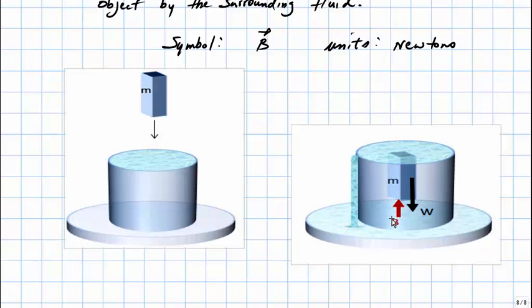The buoyant force takes into account the surface pressure, the pressure at a depth, and in essence it rolls all of those considerations into one force called the buoyant force, which we represent as B. Now notice that when we drop this object into the fluid, a lot of fluid has overflowed, and we captured this overflowing fluid in this pan. This is significant, and we will discuss this when we introduce Archimedes' principle.